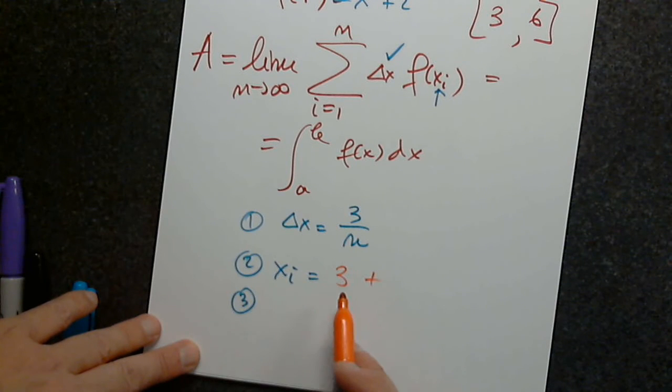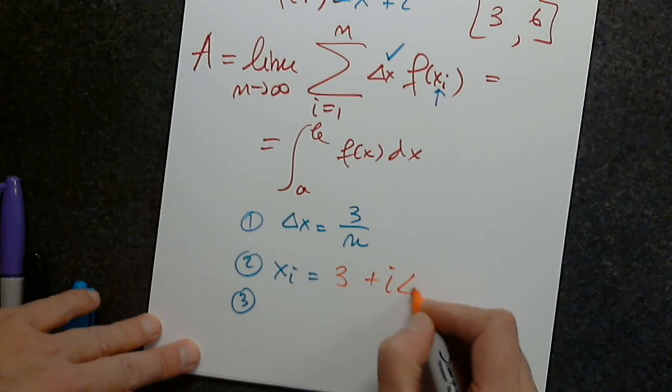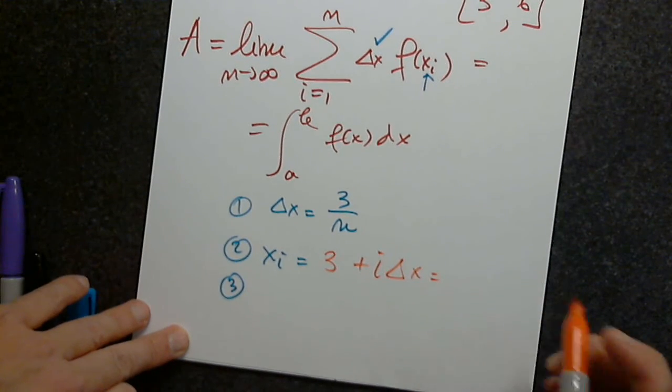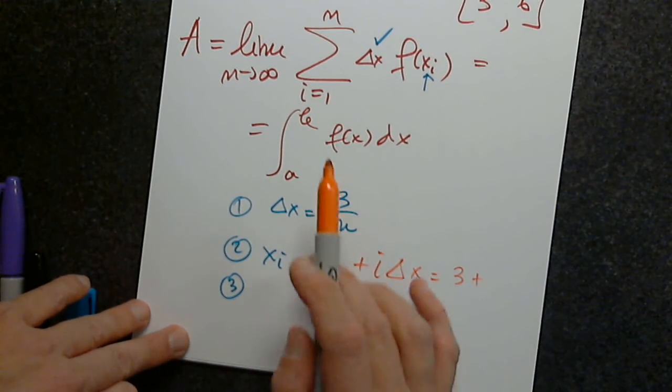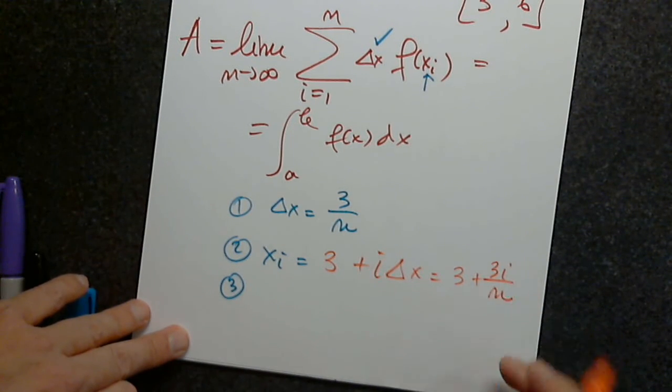If this is 1, it's 3 plus delta x. If this is 2, it's 3 plus twice delta x. If this is 5, it's 3 plus 5 delta x. If this is i, this must be 3 plus i delta x. Good. So 3 plus delta x is 3 over n times i. 3i over n.